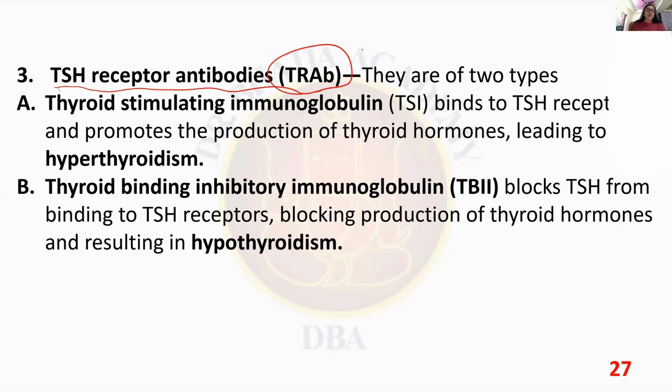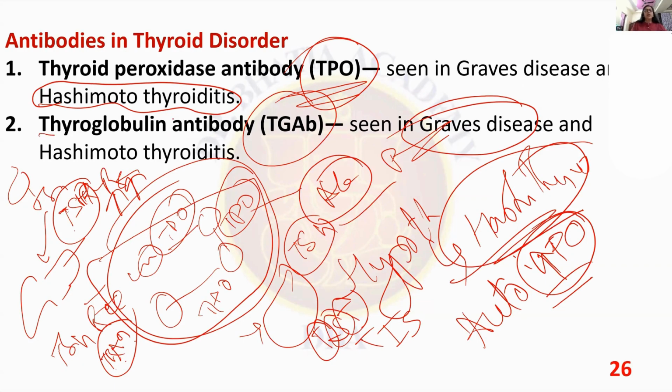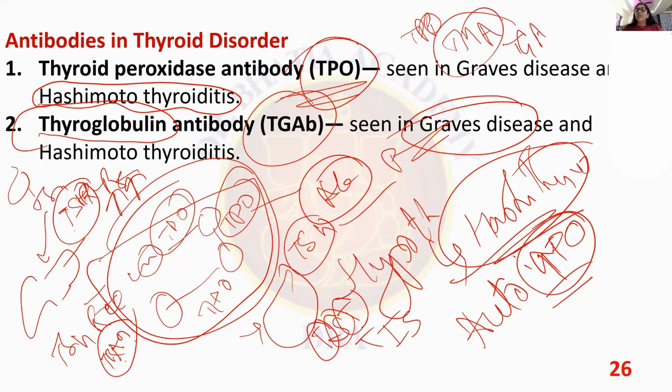Now these TRAB antibodies, so this is a thyroglobulin antibody. The thyroglobulin antibodies are also present, but initially we used to focus on these TPO and TMA, what we call the TMA and TGA. There were two types of antibodies seen in Hashimoto's. TMA and TPO are just the synonyms, thyroid peroxidase or thyroid microsomal antibodies.